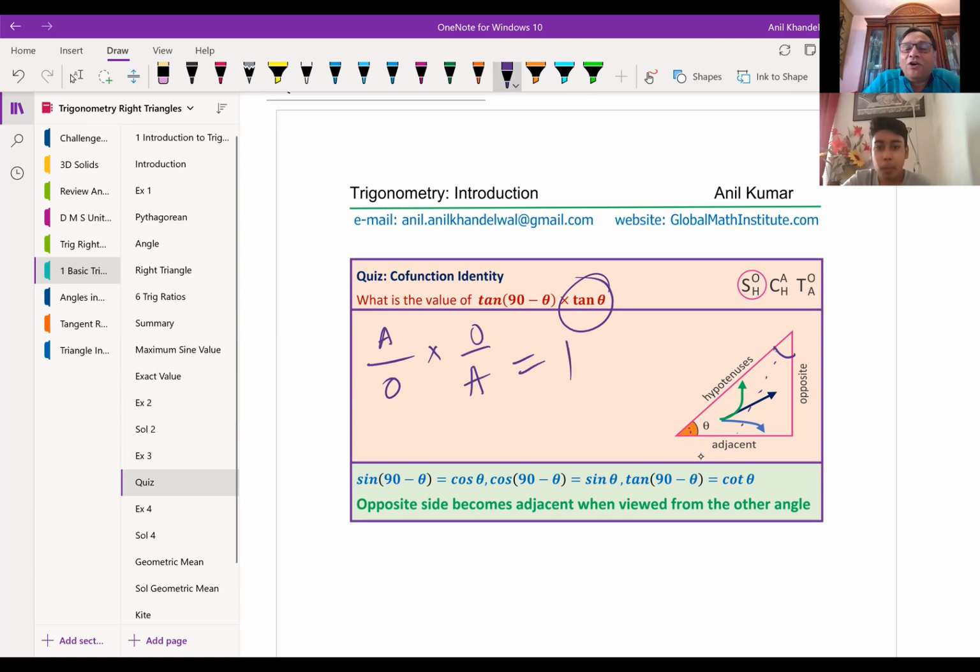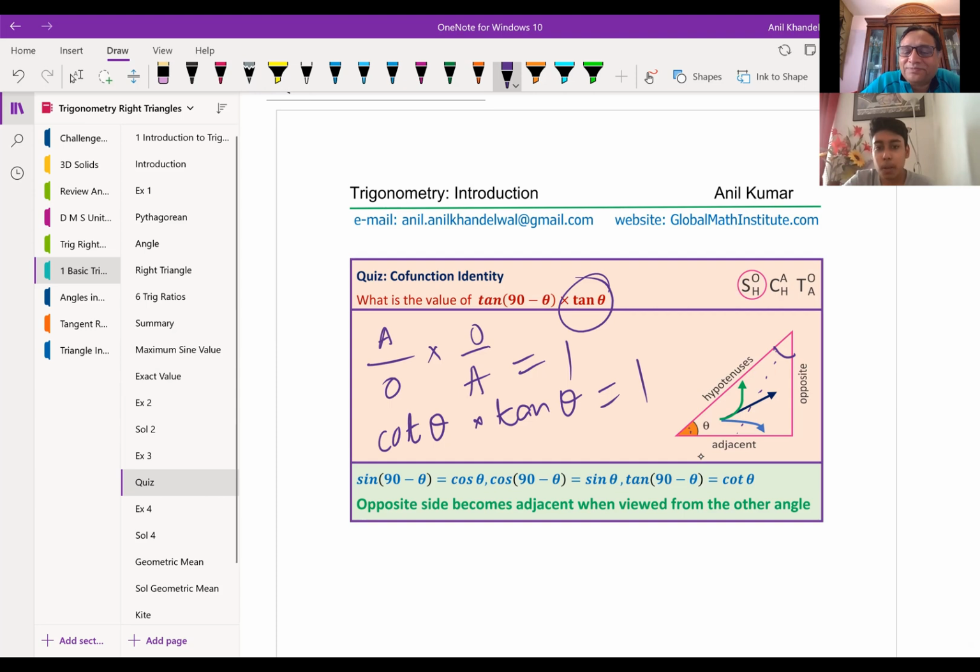Or even otherwise, tan of 90 minus theta will be the reciprocal of tan, that is cotangent theta, right? So let me rewrite this as cot theta times tan theta. Now they are reciprocal ratios, correct? Cot theta is 1 over tan theta, and therefore that should be equal to 1. Get the idea?